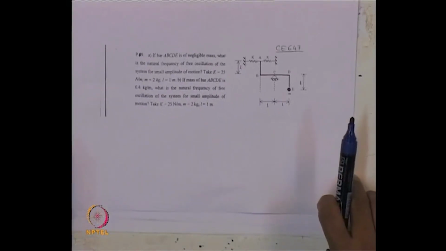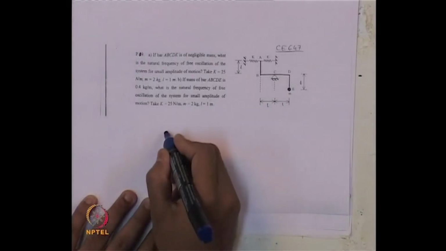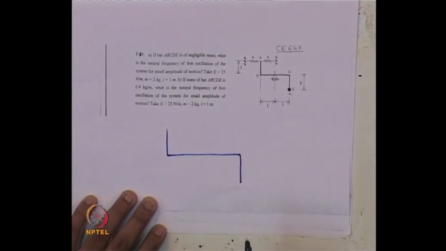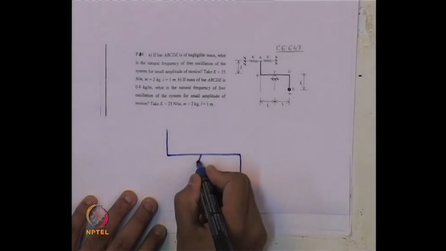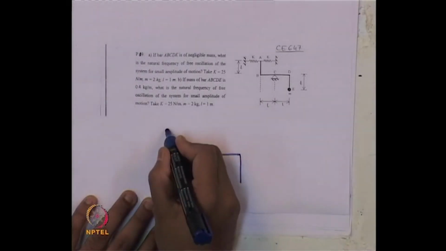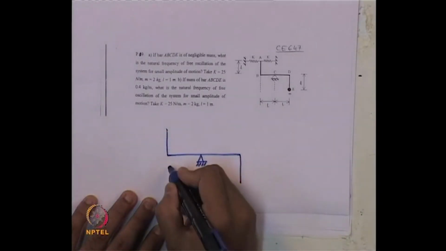So, let us see how we can solve this one. To do that, first we need to draw the free body diagram. Let us draw the free body diagram of this problem for a small angular rotation. That is what is mentioned, that for a small angular rotation, we have to derive the equation of motion.